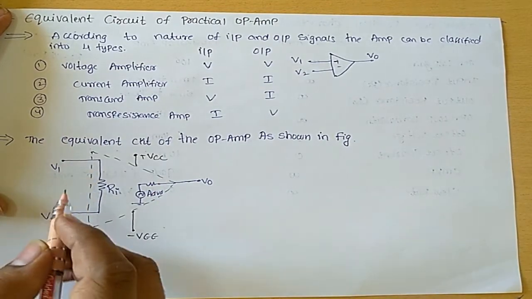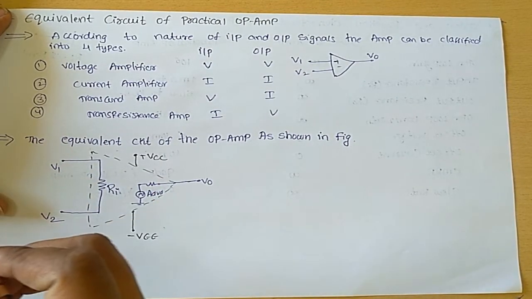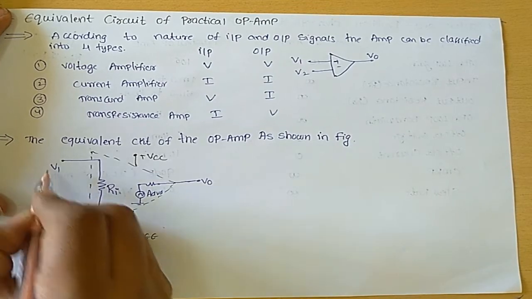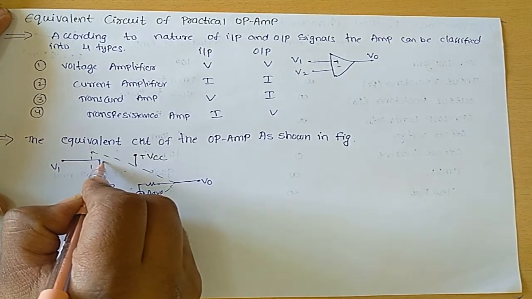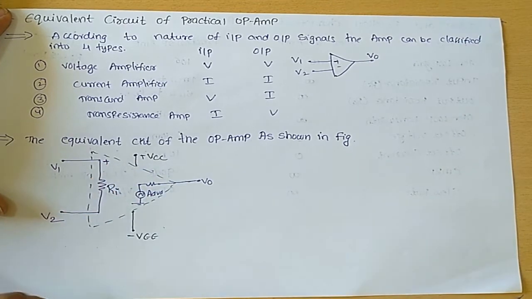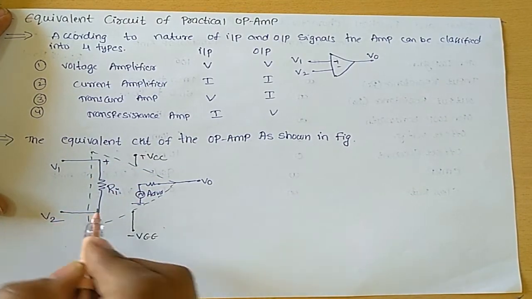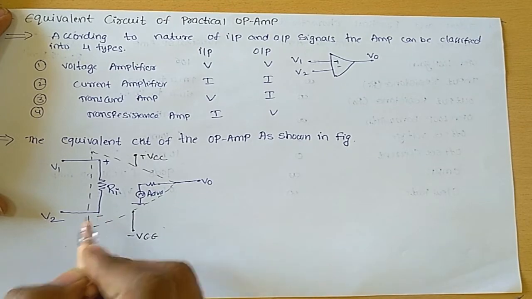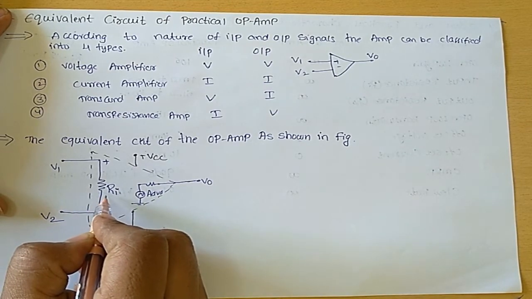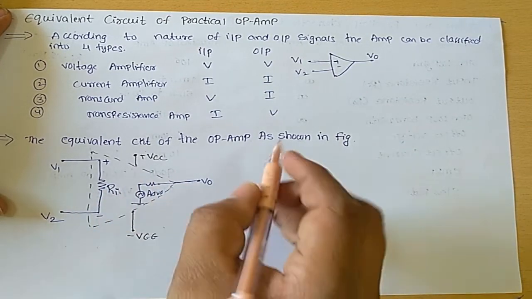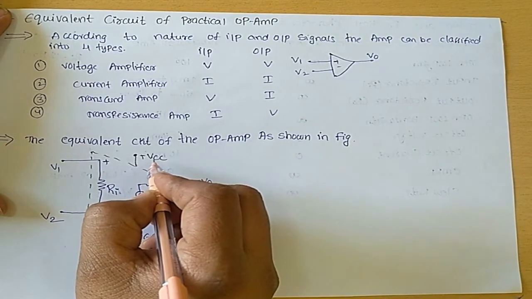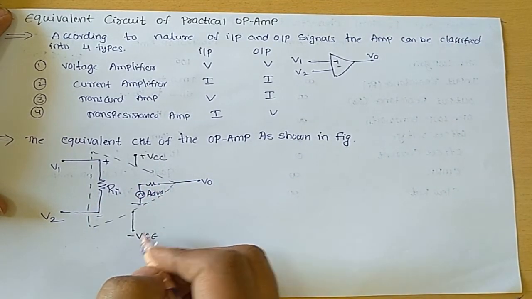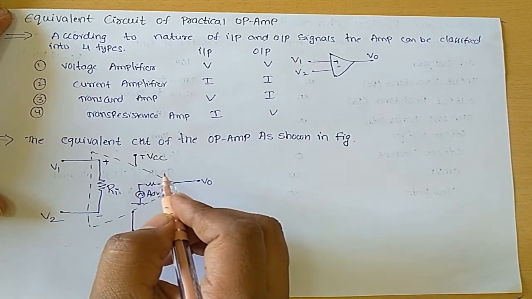In this, the voltages at the non-inverting and inverting terminals are V1 and V2. The V1 voltage is applied to the non-inverting terminal, and the V2 voltage is applied to the inverting terminal. Ri is the input resistance, and plus VCC and minus VEE are the supply voltages.